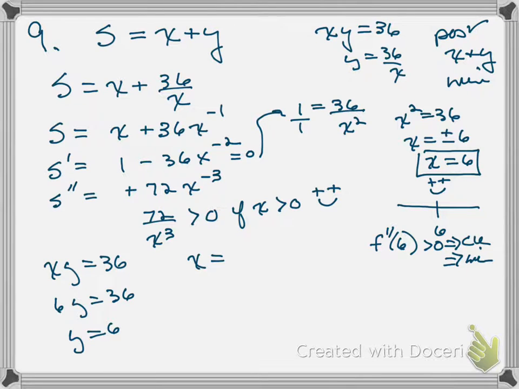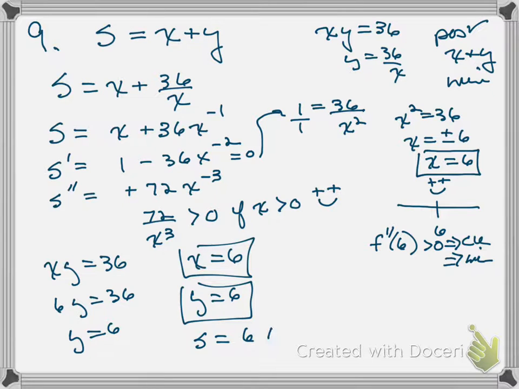So I get x equals 6, and I get y equals 6. And if I wanted to figure out my s, they have not asked me. Oh, yes, they do. So I need to find the x and y, and also find this minimum value. So s is going to equal 12. So x is 6, y 6, s 12.